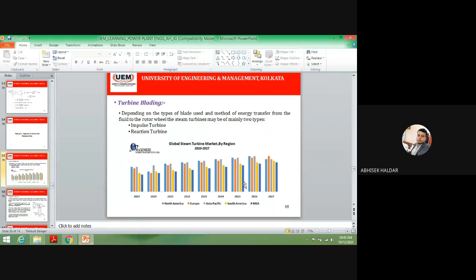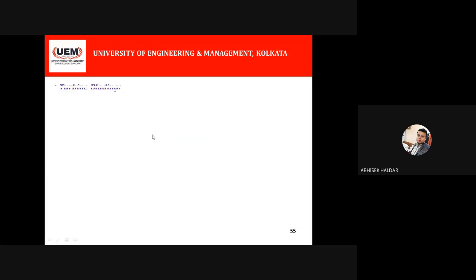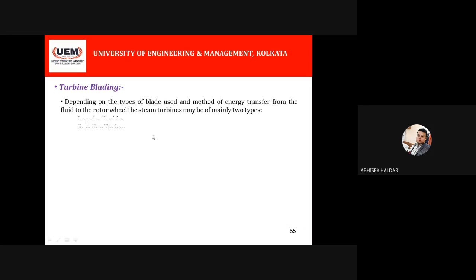Okay, we will see what is the difference between impulse steam turbine and reaction steam turbine in detail in the next slide. But the impulse term is basically coming from impulsive effect, right? This impulsive effect is coming from basically the rate of change of momentum.